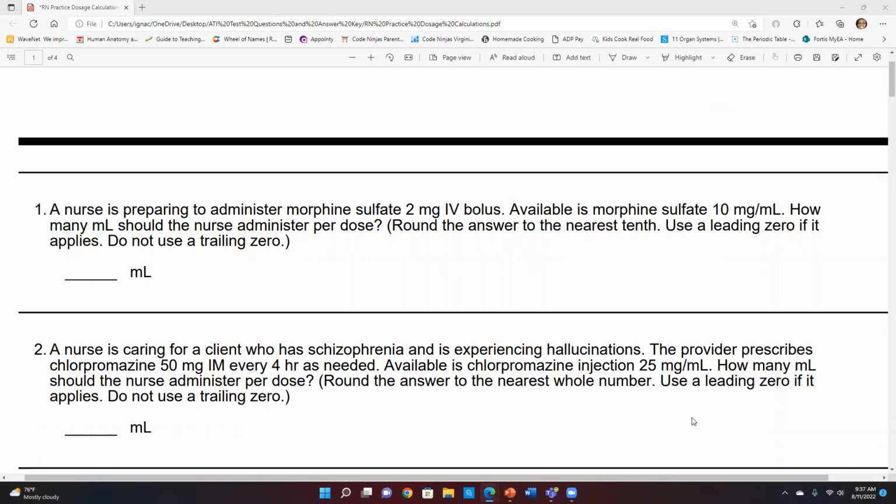Available is morphine sulfate, 10 milligrams per ml. How many ml should the nurse administer per dose? Round the answer to the nearest tenth. Use a leading zero if it applies. Do not use a trailing zero. I will give you some time to set this problem up, and then I will solve with you.